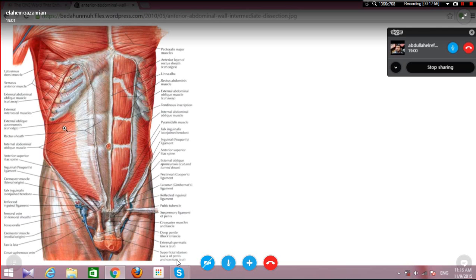They're in 3 layers. Do you see the first layer, which is cut? This is called the external oblique muscle. It goes from superolaterally to inferomedially. It originates from the 5th to 12th ribs, and inserts to the pubic tubercle, iliac crest, and the white line in the middle, the linea alba.